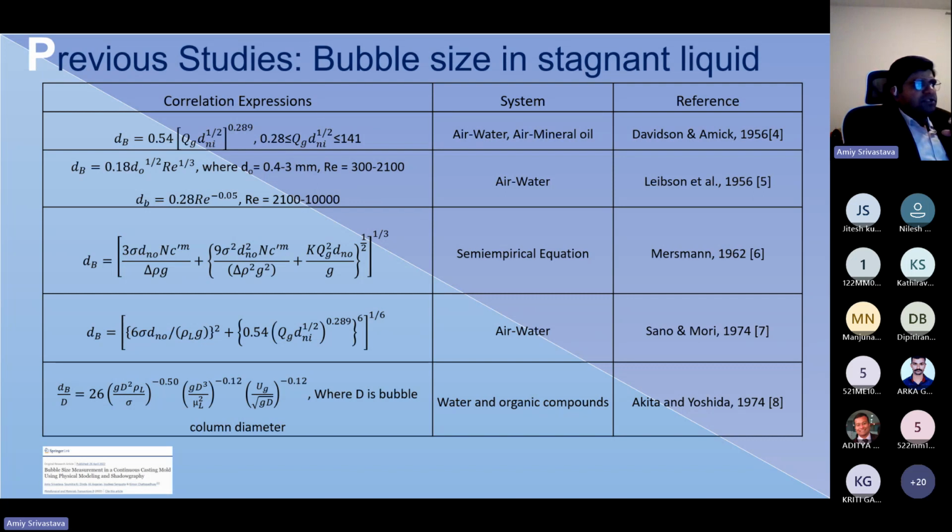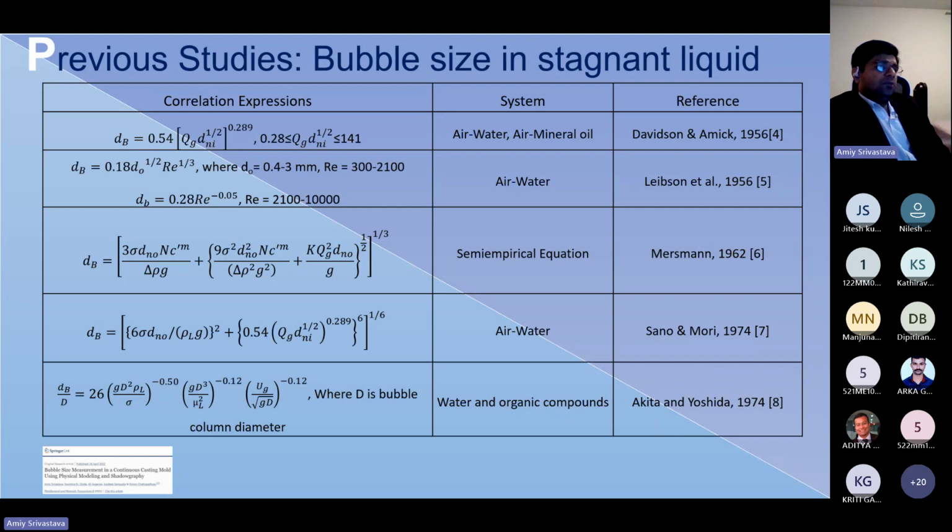So I performed some literature review and found some expressions for the bubble diameter. There are basically two types of liquid. One is stagnant liquid, where no fresh liquid is introduced into the reactor.